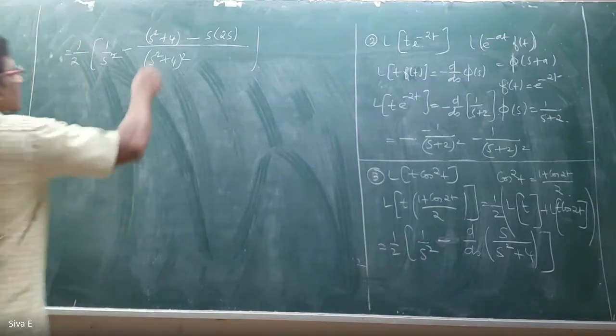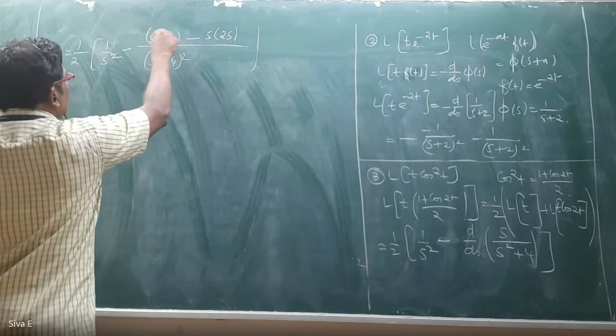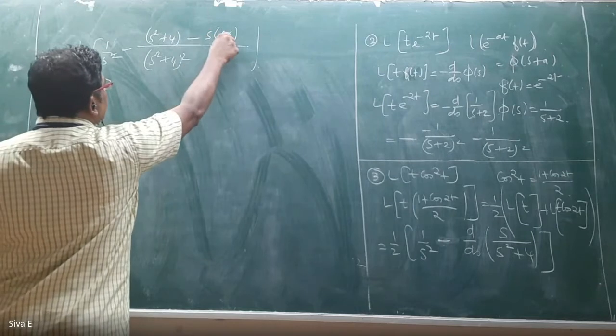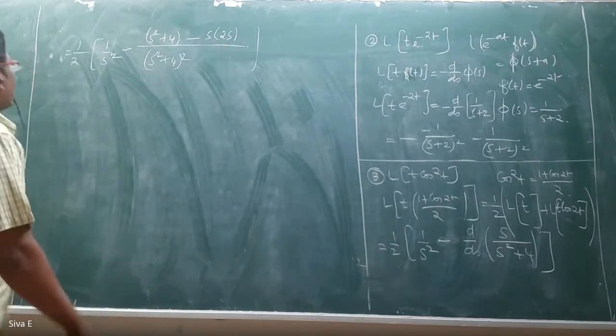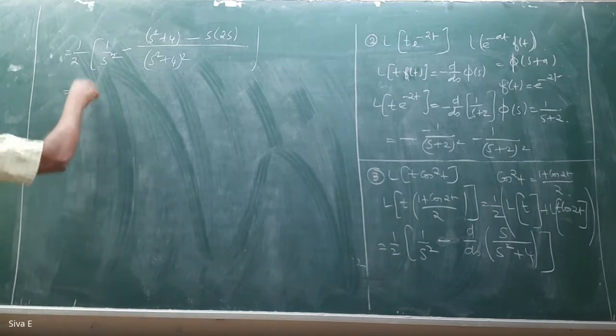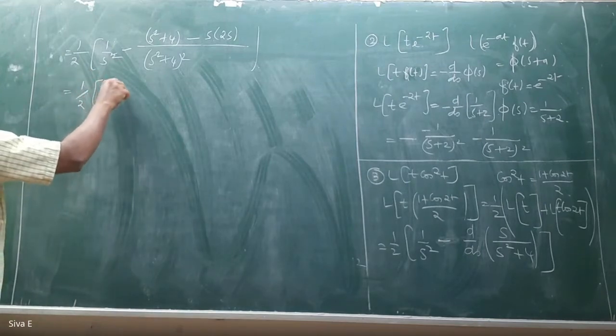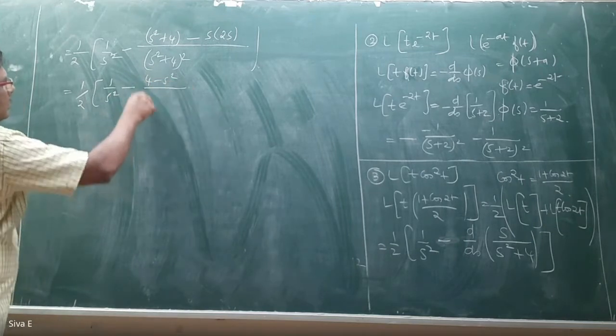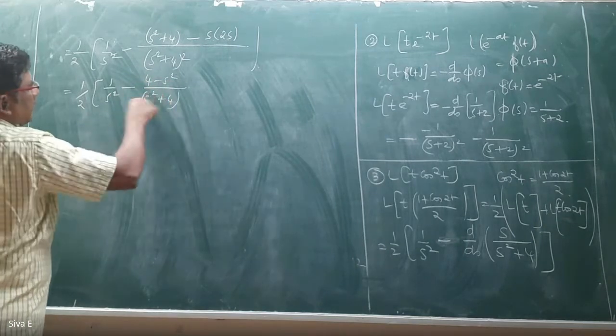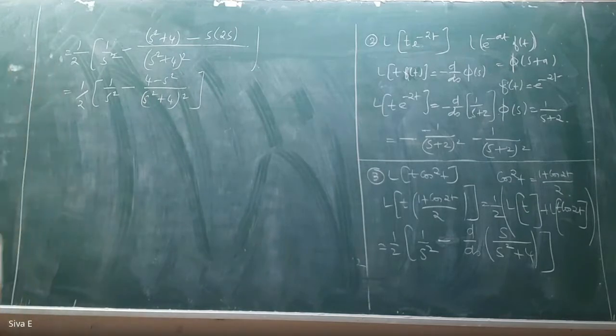So, simplify this: s square plus 4 minus 2s square, that is 4 minus s square. So 1 by 2, 1 by s square minus 4 minus s square divided by s square plus 4 whole square.